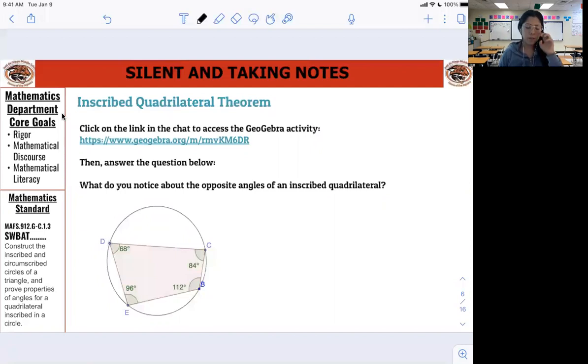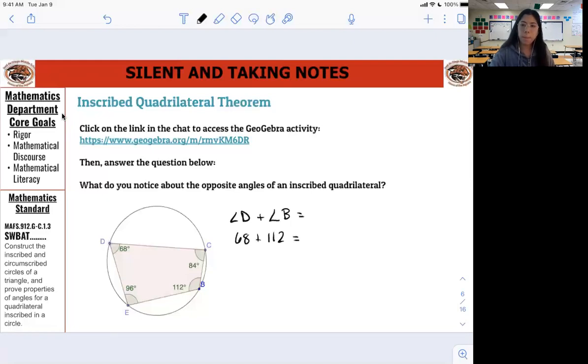All right, so coming back over to the Zoom, what was it that we realized? Perla kind of said it. Daniel actually said it to me right away. He noticed it. Opposite angles add up to 180 degrees. So look at D and look at B. In my example over here, 68 and 112.